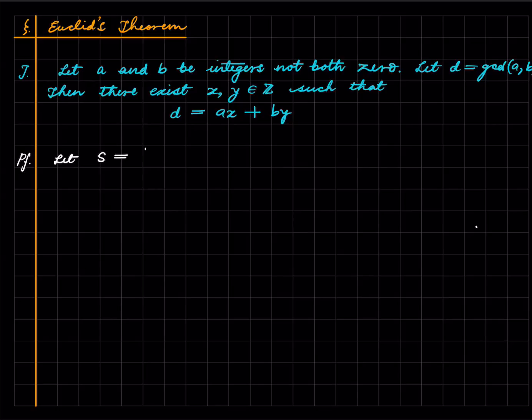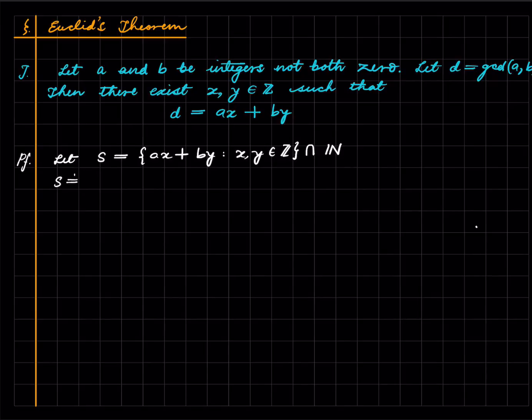Alright, so let S be the set of all possible integer linear combinations that you can form out of a and b, but we will collect only the positive ones. Amongst these linear combinations you can of course create negative ones, but we will collect only the positive ones, and this set is non-empty.